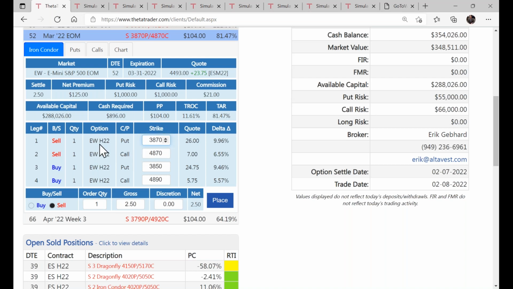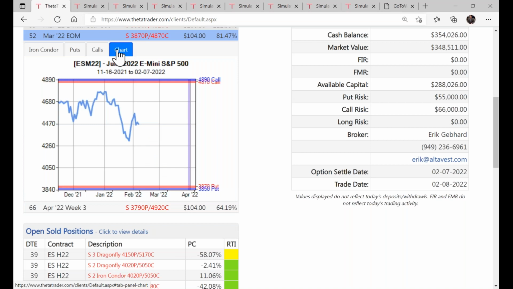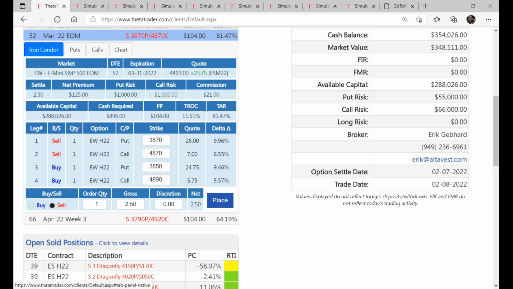So look at the put we're selling, 3870 put. If you want to look at what that looks like here, the 3870 put, this is the spread that we're selling on the puts. Here's the spread you're selling on the calls. So you have this very wide margin of error. Actually, it's 1,000 points between the puts and calls with 52 days till expiration.